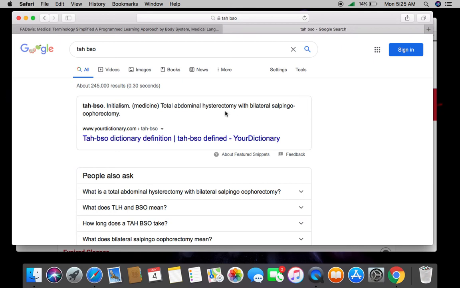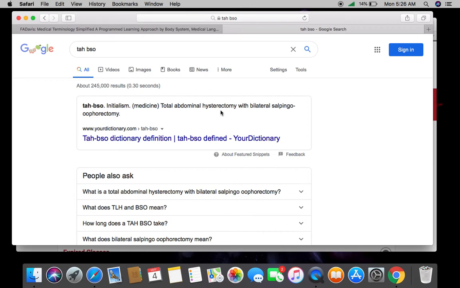Total abdominal hysterectomy. That means I open you up via your abdominal cavity. What am I doing? Ectomy. I'm removing your uterus. With what? Bilateral. Bi means two. Lateral means side. Two sides. So I'm removing two of each. Salpingo, which is your fallopian tubes, and oophor, which is your ovaries. So what are we removing? Five things.